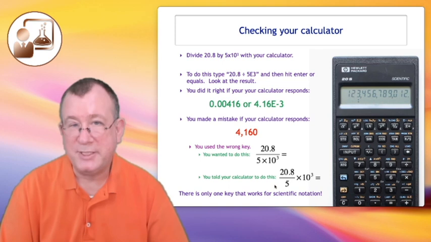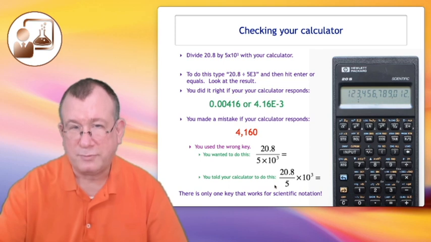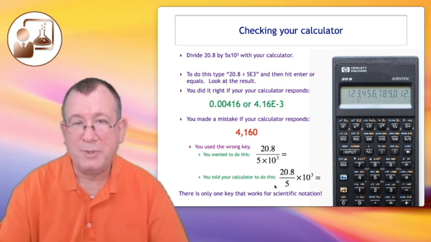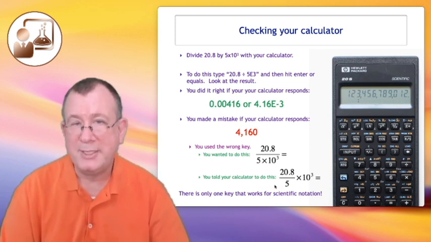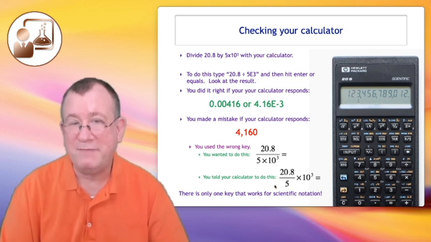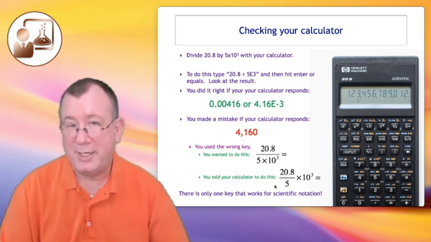Here's a way of testing yourselves. Take 20.8 and divide it by 5 times 10 to the third. If you type 20.8 divided by 5 times 10 to the third in your calculator, and you use the right key, you're going to get a number, well, 20 divided by like 5,000, less than 1, 0.0416.